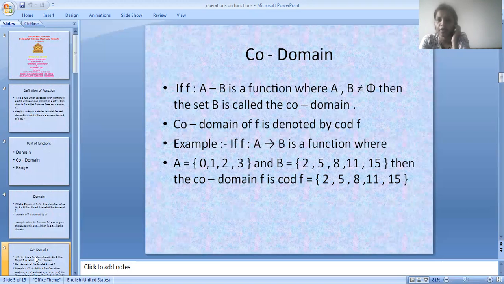For example, if f from A to B is a function where A is equal to 0, 1, 2, 3 and B is equal to 2, 5, 8, 11, 15, then the codomain of f is 2, 5, 8, 11 and 15. That is what is meant by codomain.